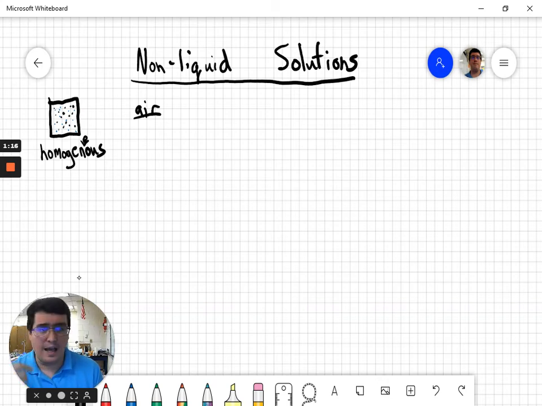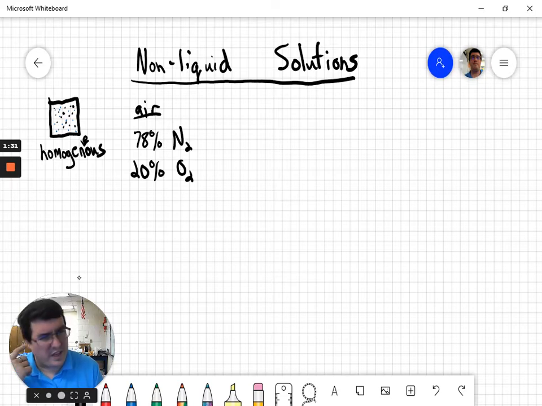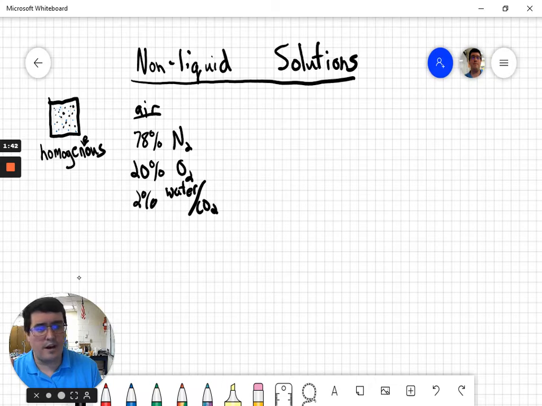Most air, depending on where you are in the United States, is about 78% nitrogen. It's actually N2. So most everywhere it's about 20% oxygen. And then there's about 2% in there, and that other 2% is usually mostly water, and you get some CO2 in there.